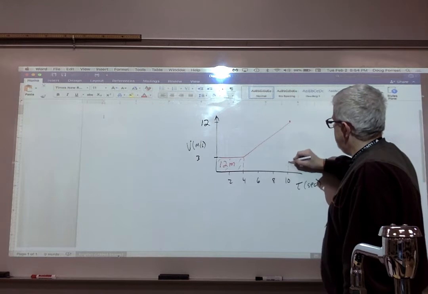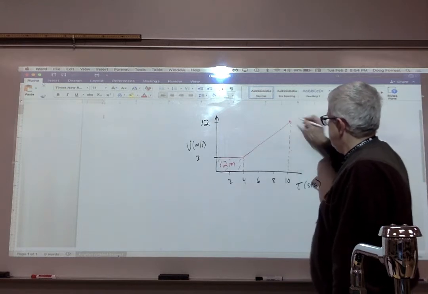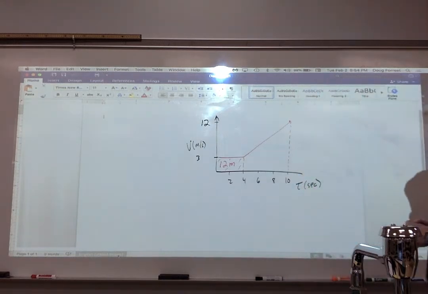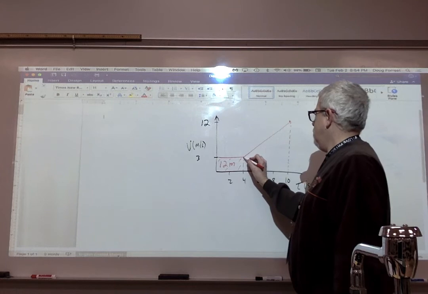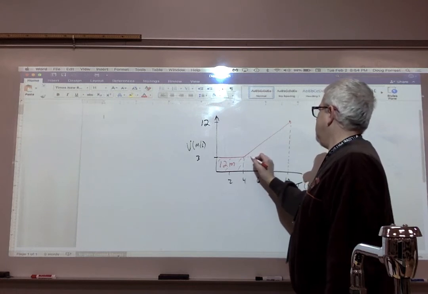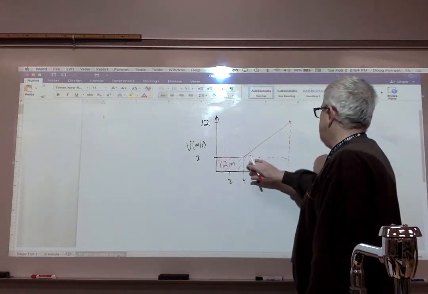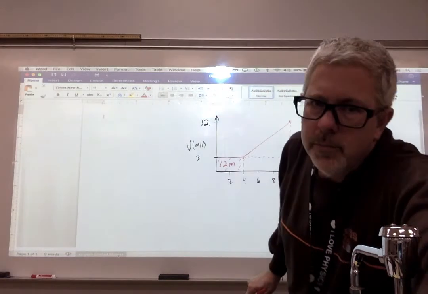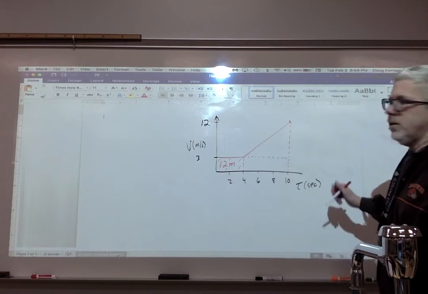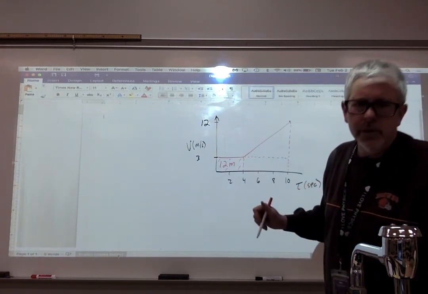What about this from 4 to 10 seconds? Well, if you look, it looks like a trapezoid. If you remember the area of a trapezoid or how to get that, you could do that also. Or, because I'm not very good about remembering that, I can split it up into another rectangle and a triangle. Okay, so that'll work.